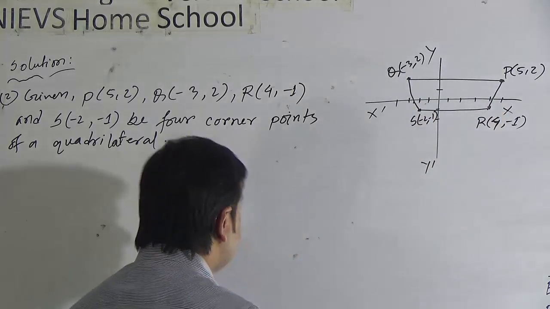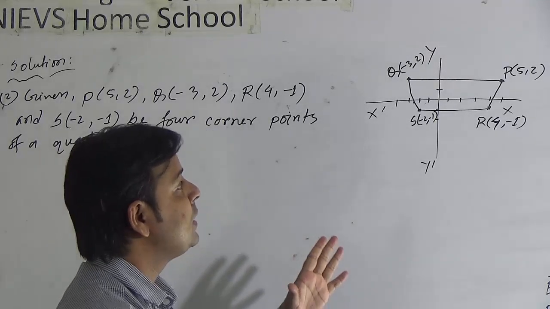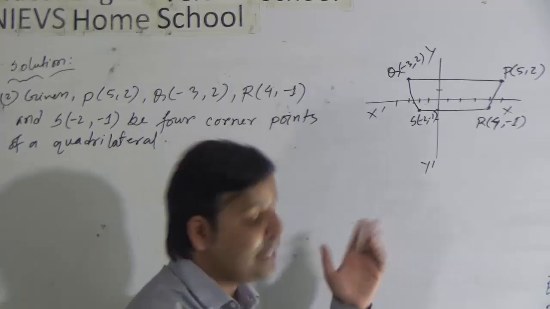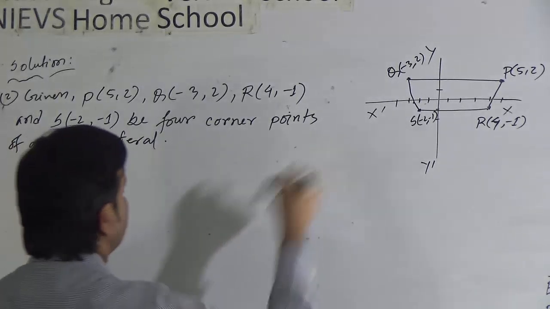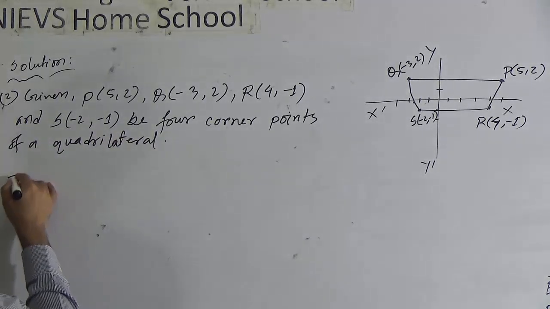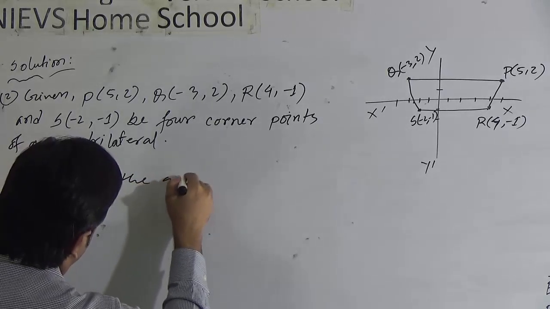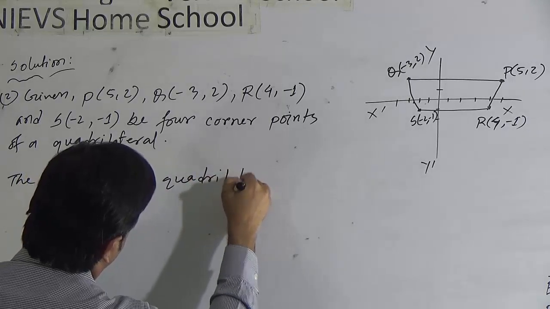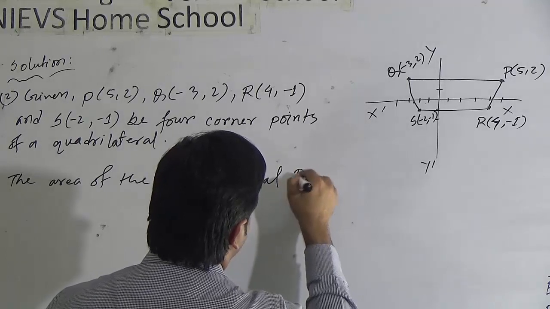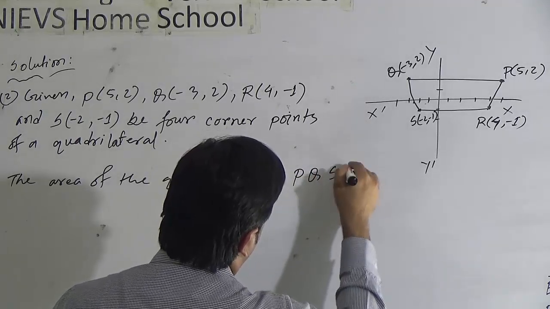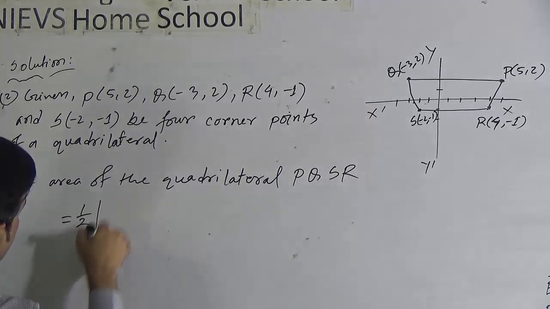Now you can determine the area of this quadrilateral easily. You have to take the points anti-clockwise to determine the area. So we can write here the area of the quadrilateral PQSR is equal to, we can take the formula half.